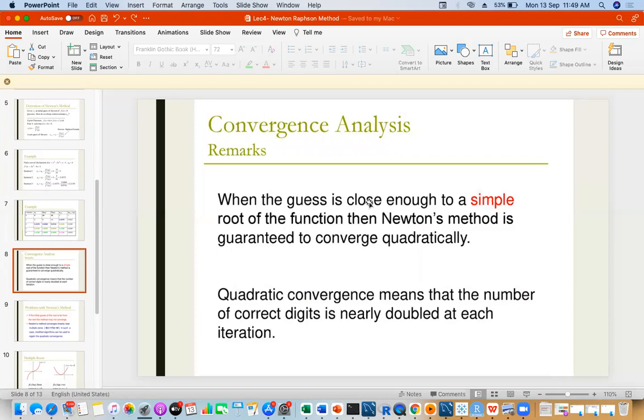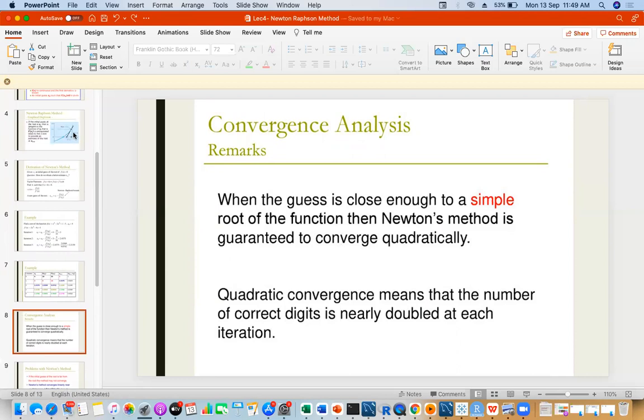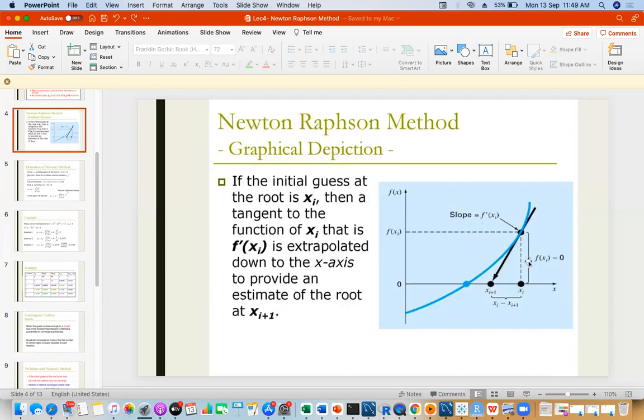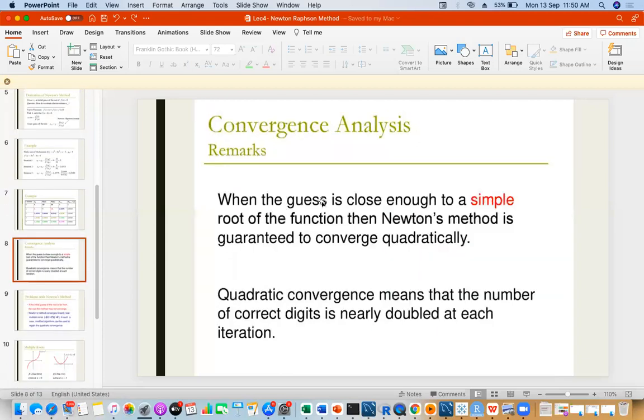And when the guess is close enough to a simple root of the function, then Newton's method is guaranteed to converge quadratically. When we are close to the solution, then we will always have the convergence, whenever our initial guess is near to our final root. That is meant by this first point.